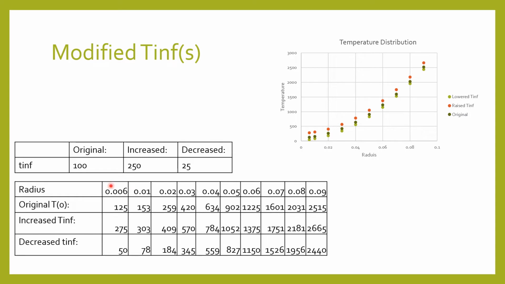We use a constant radius increase, so we can gradually see that as the radius increases. We showed our original temperature at the center line as radius increased, and then we showed here what happens with the increased and decreased values. So you can see it's uniform as it grows, but it's still an exponential growth.